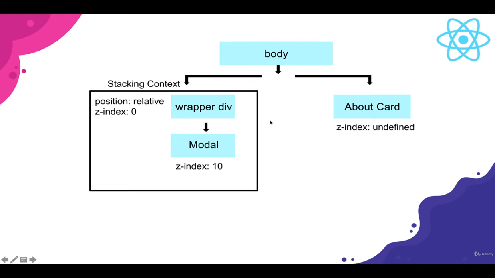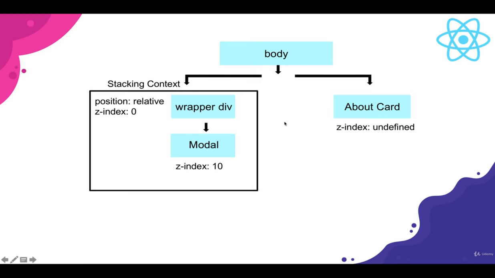So essentially, when we create this stacking context right here, we're no longer comparing the About card's z-index with the modal's z-index. No, instead, we are comparing these About cards with the stacking context that contains the modal.